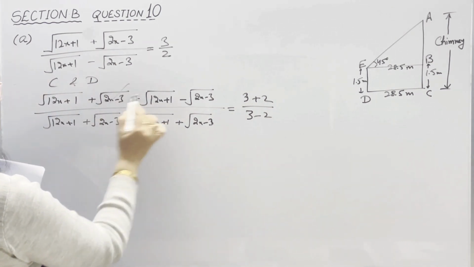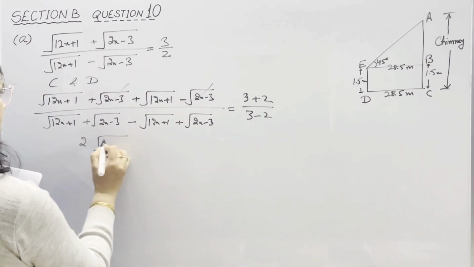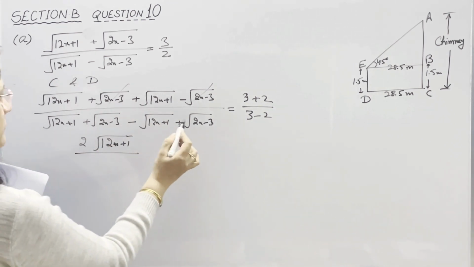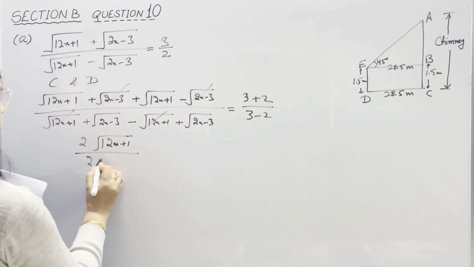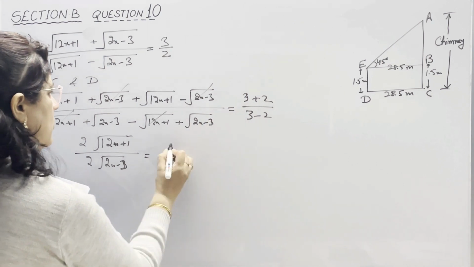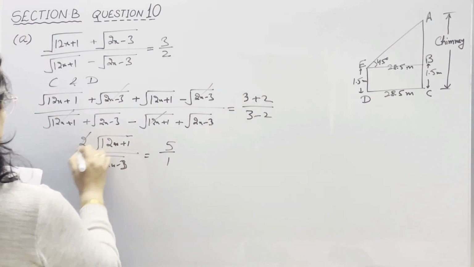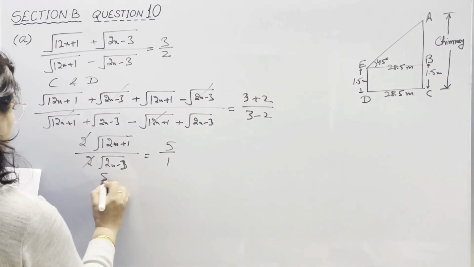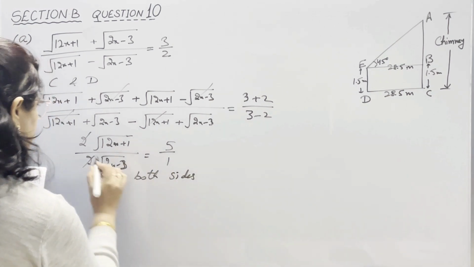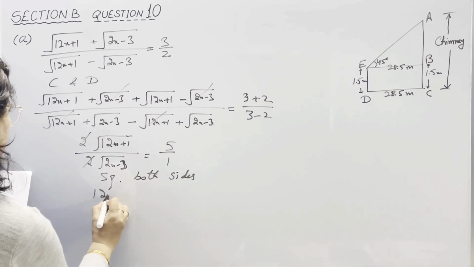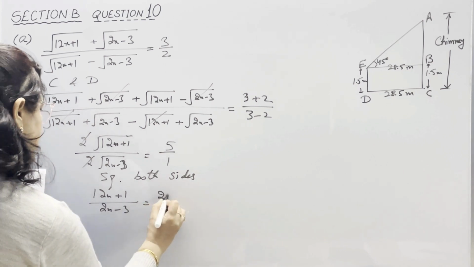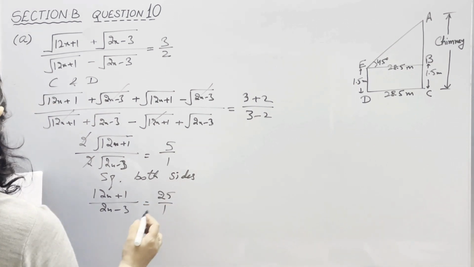Here you can see these two will get cancelled. So 2 under root 12x plus 1, and in the denominator these two will get cancelled and 2 under root 2x minus 3 equal to 5 upon 1. These two will get cancelled. Now squaring both sides, under root will get cancelled, 12x plus 1, in the denominator 2x minus 3, 5 square is 25, and in the denominator again 1.